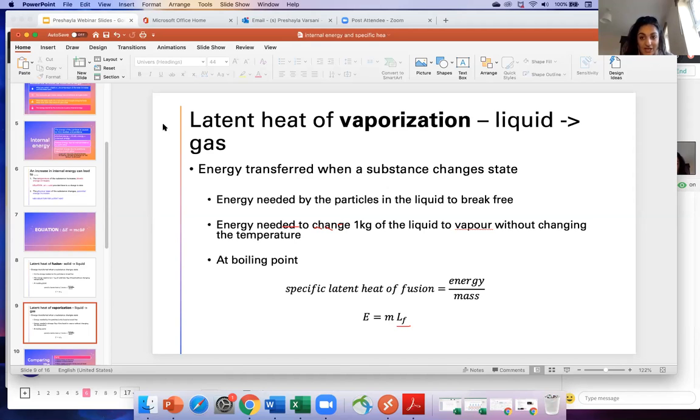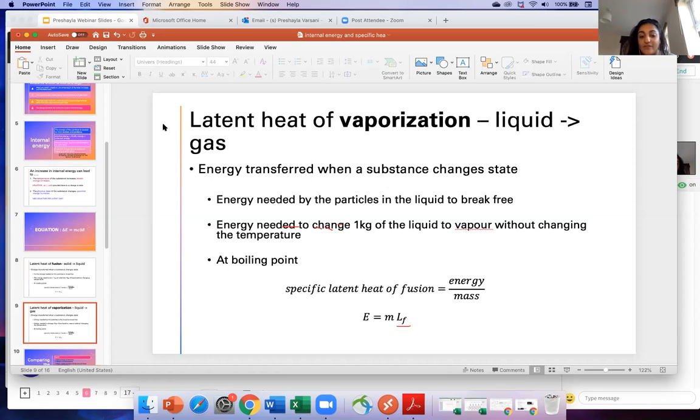Now, this change of state occurs at boiling point. Previously, our change of state from a solid to a liquid occurred at melting point, but now we're talking about it changing from a liquid to a gas at boiling point.